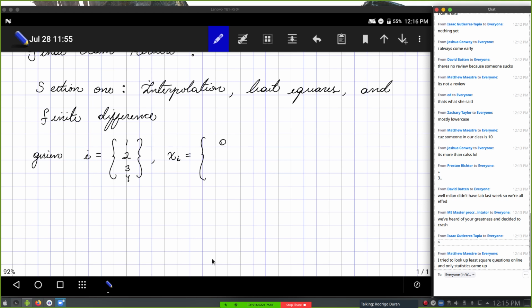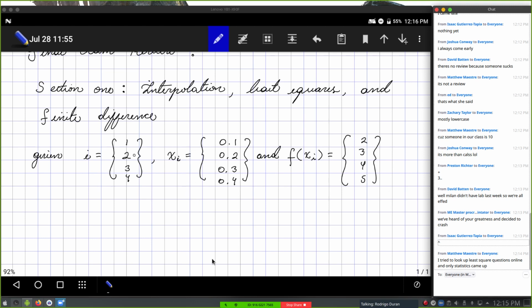It will have some information, for example 0.1, 0.2, 0.3, 0.4, and they will also give you the evaluation of your function at that xi, which could be something like 2, 3, 4, and 5.